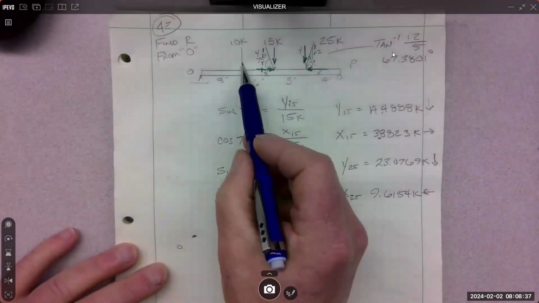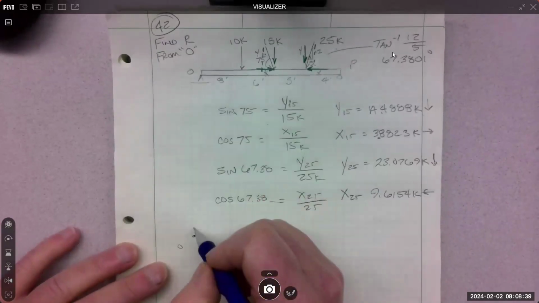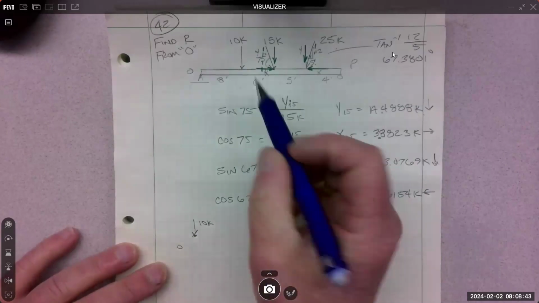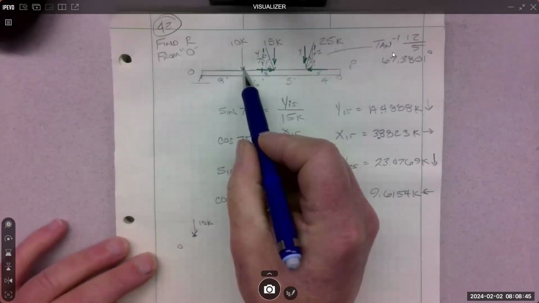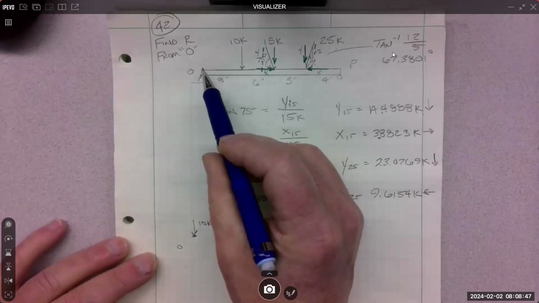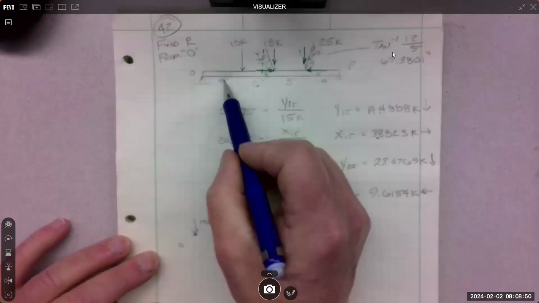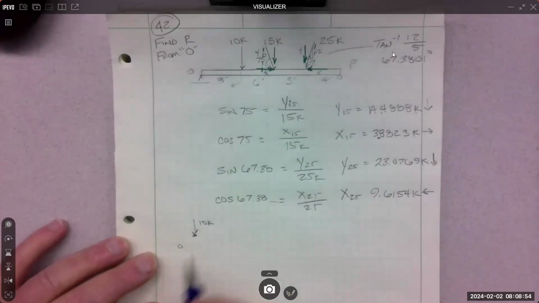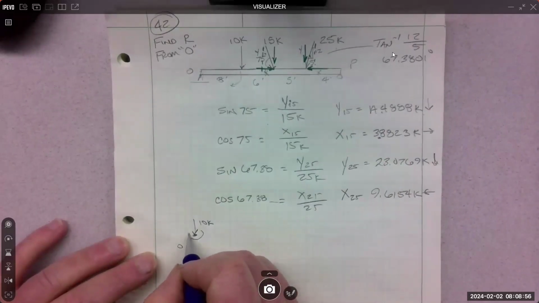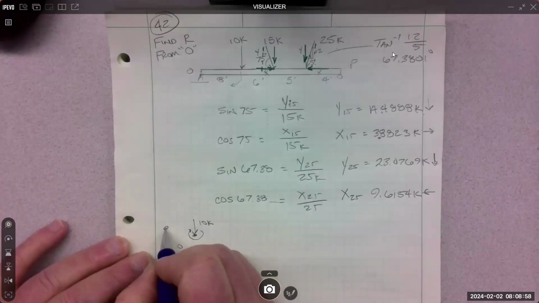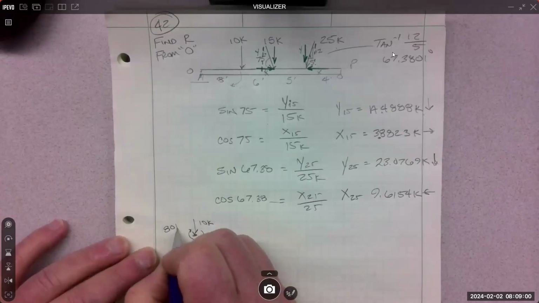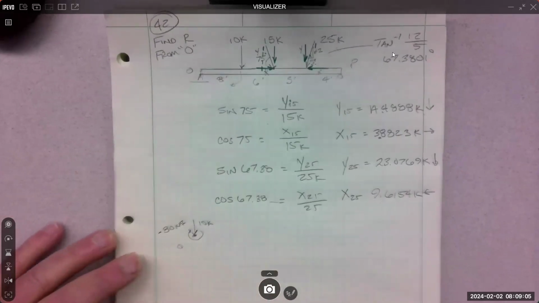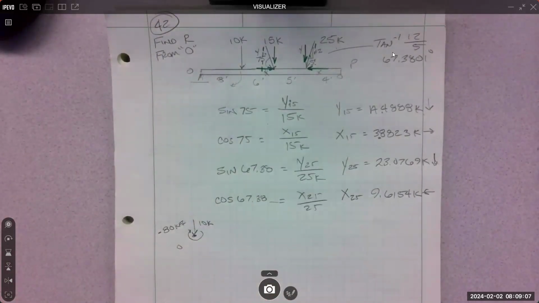So I'll move the 10K. And its moment, which is what? Yeah, 10 times 8 is 80, and it is clockwise. 80 kip feet, and I'm actually going to write it as negative because I'm going to end up with a few moments here.